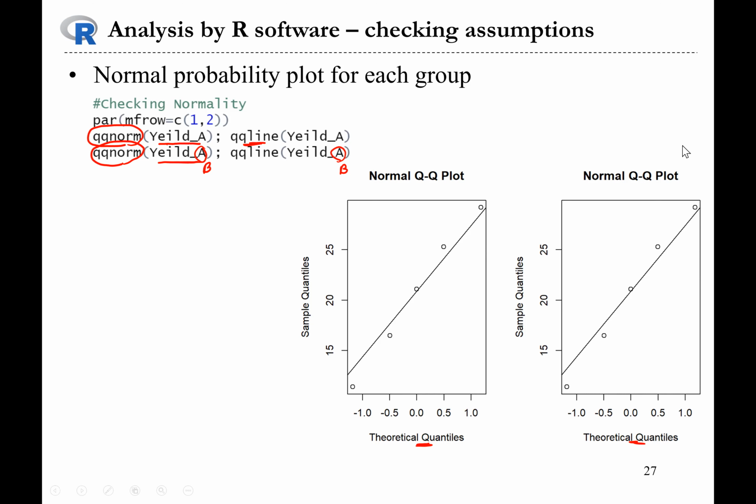So let's look at this one. How do I know from the QQ plot that the assumption is satisfied? If the dots are making a straight line, it means the normality is satisfied. Why? Because in this QQ plot, it compares the actual data you have with the normal data.